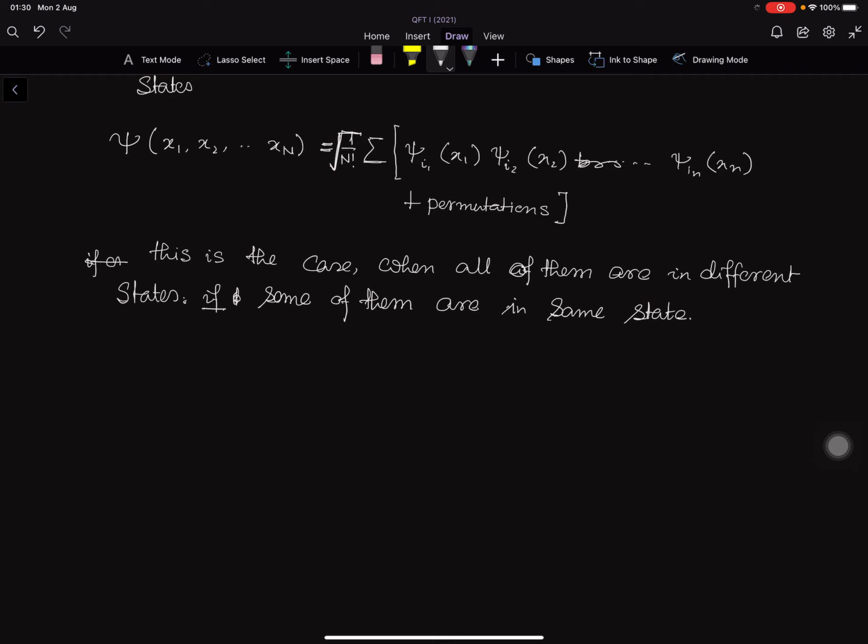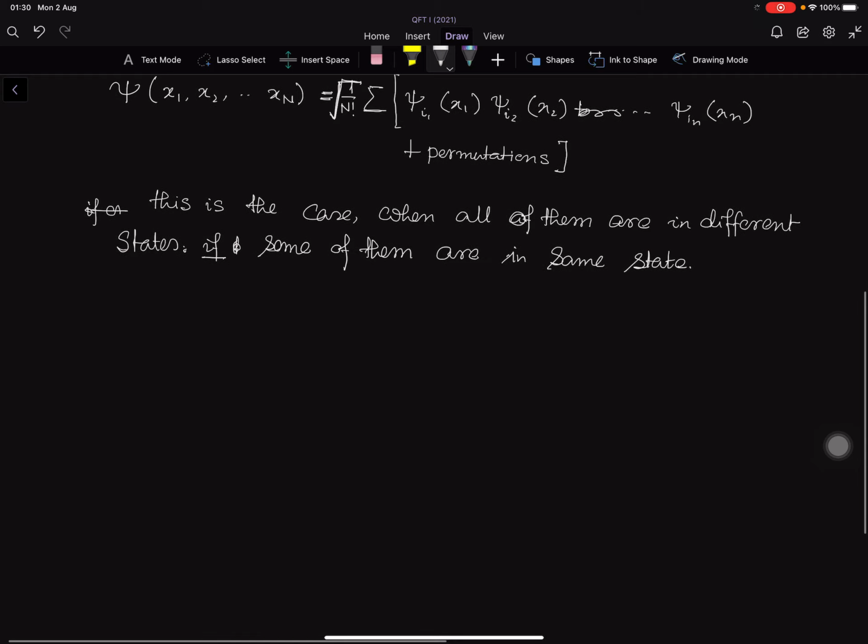Okay, so in this case, let's start again from a very simple example. Let's first discuss two bosons in the same state.